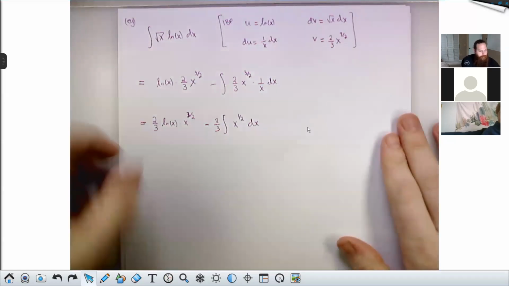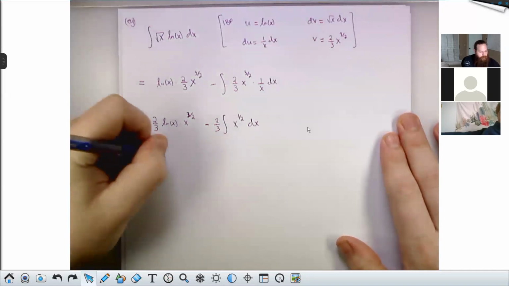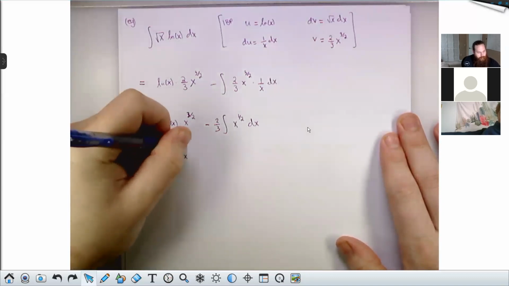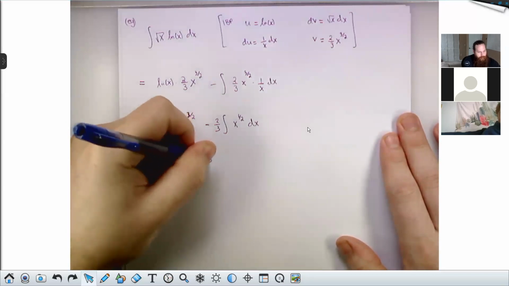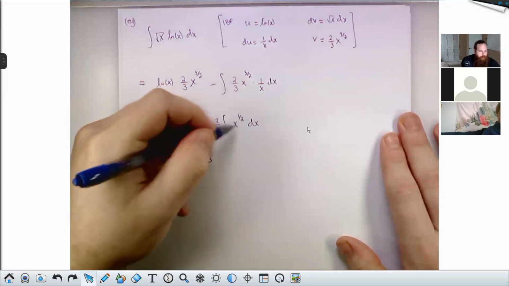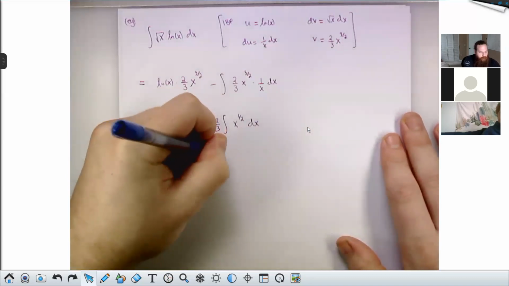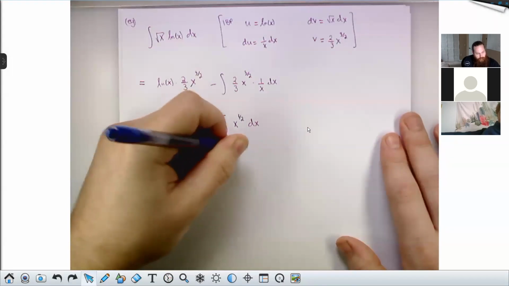And now finally I can do that integral. It's not a hard integral. Here, if I integrate x to the 1/2, that's the same integral I did earlier. That's going to be 2/3. So I'll get another 2/3 x to the 3/2.